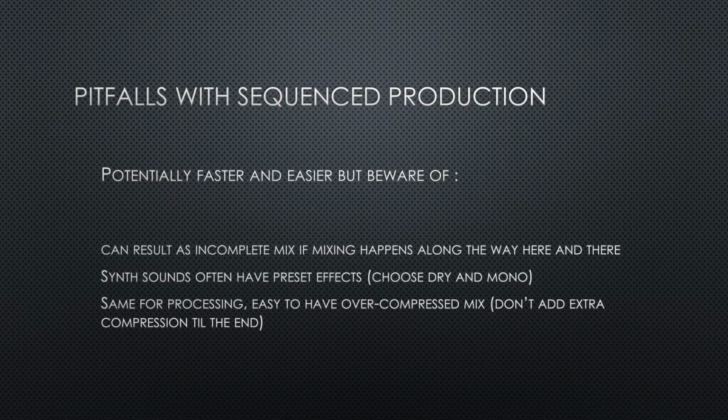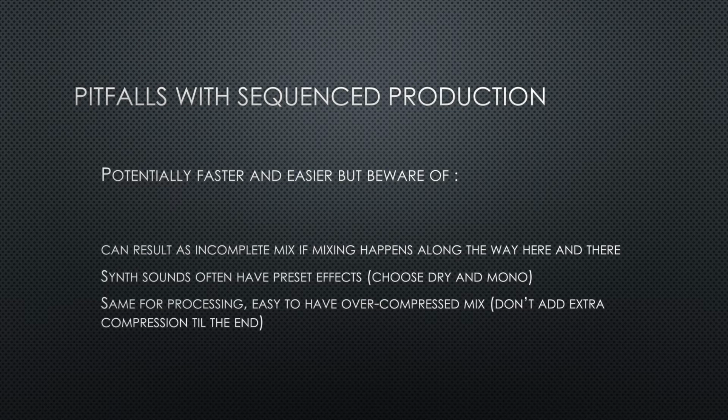And so if you're going to assemble beats in the box, when you choose your sounds, you want to choose dry sounds and mono sounds so that when it comes time to mix, you're not immediately facing an obstacle of wishing that you could undo that reverb or pan it to one side or the other because it's already stereo or has a stereo effect or something like that.